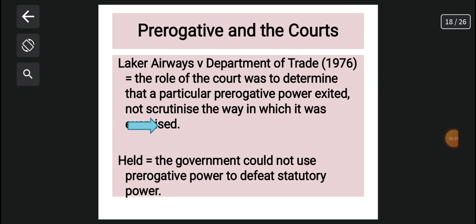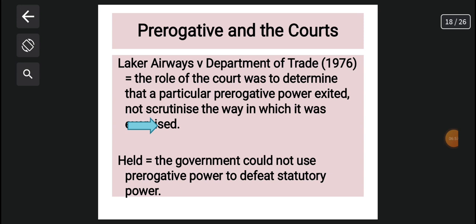So what happened in this case is that Laker Airways was a new airline that wanted to start its business across the United Kingdom and United States. They got their approval from the United States, but the United Kingdom's Secretary of State dismissed their license.